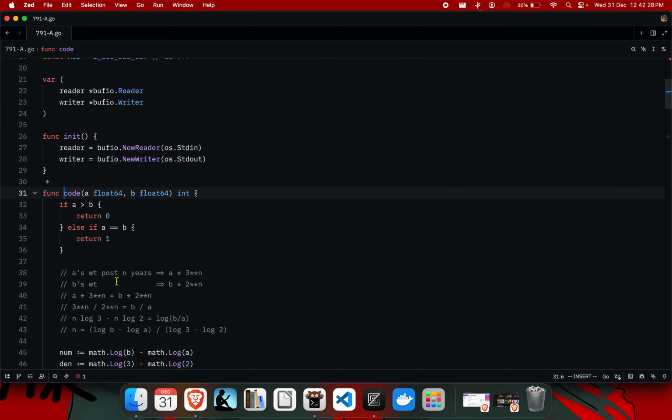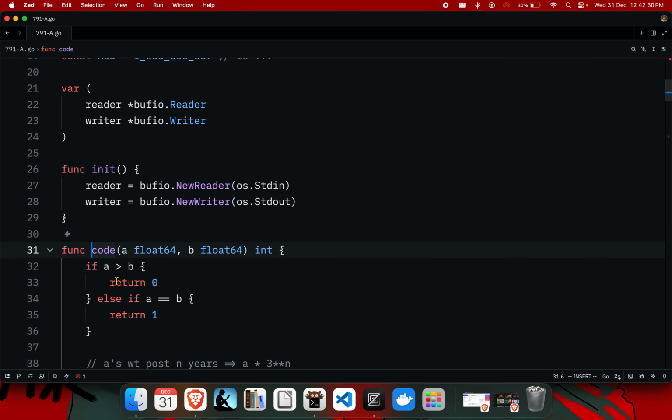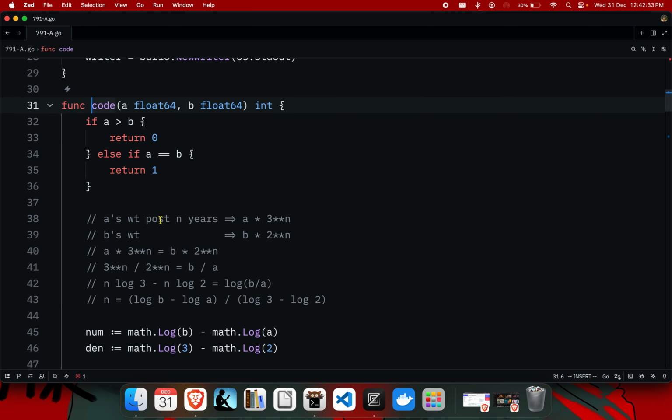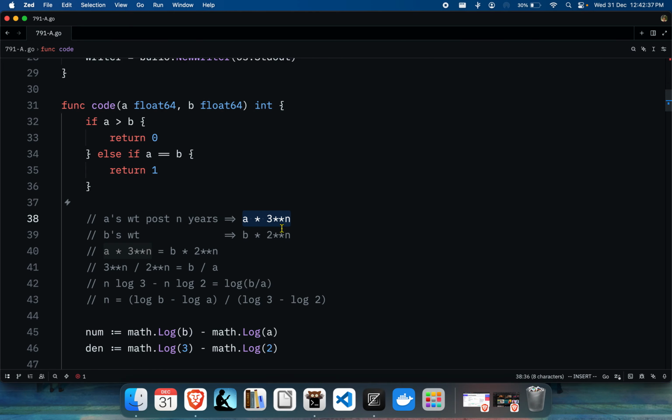Within the code, the first thing to understand is that A's weight after n years would be A into 3 to the power n, and B's weight would be B into 2 to the power n. In the first year A would be thrice the size, and in later years it would be 3 times the earlier weight. So in the nth year it would be 3 to the power n into A.